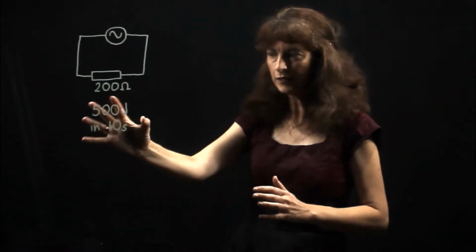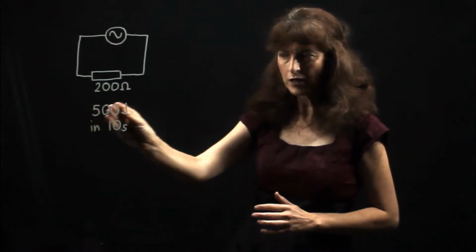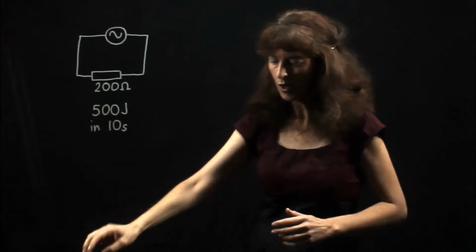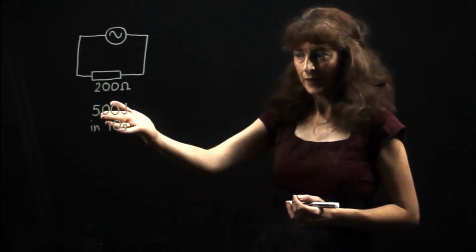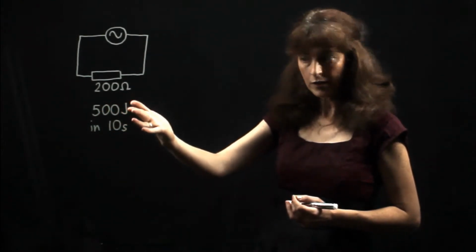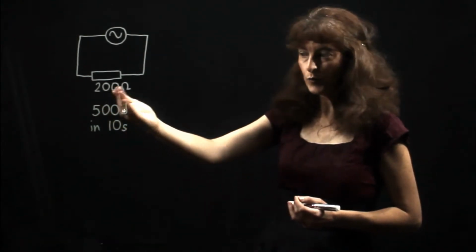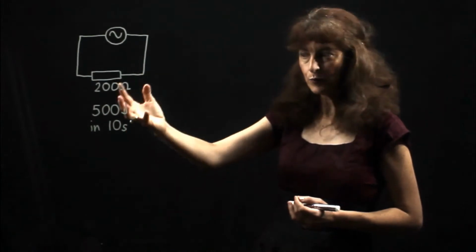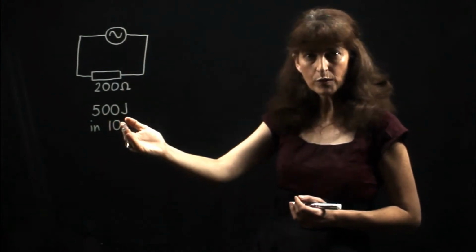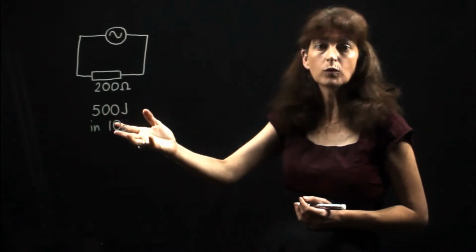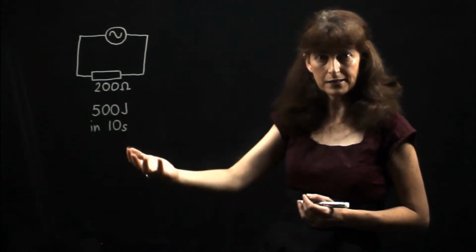So let's first just understand what's going on here regarding the dissipation of energy per time. We know that power is the rate at which energy is dissipated. Energy is measured in joules, time in seconds, so we're going to be able to calculate the power dissipated here. Now, because this is an alternating current, the power that we will calculate in this way will be the average power dissipated.